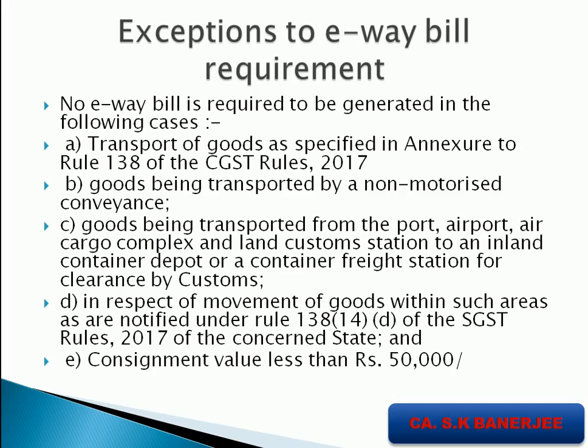Goods being transported by a non-motorized conveyance. We have seen goods being transported from port, airport, air cargo complex or land custom station to an inland container depot, ICD, or a CFS. In respect of movement of goods within such areas as notified under Rule 138, and consignments of value less than 50,000. So if it's less than 50,000, you do not require an e-way bill.